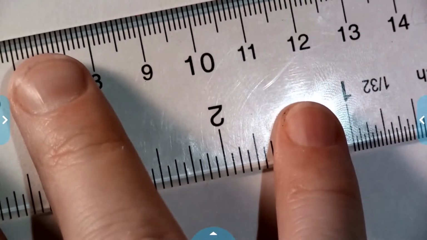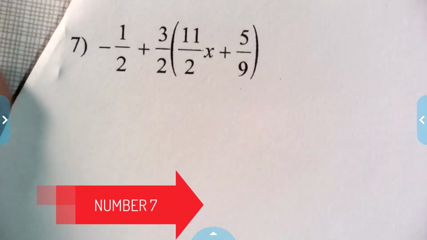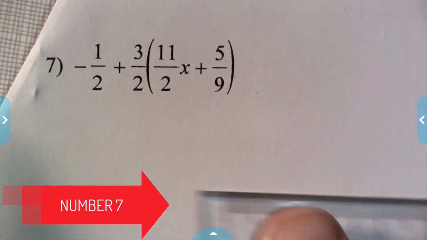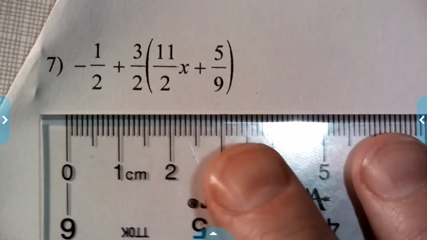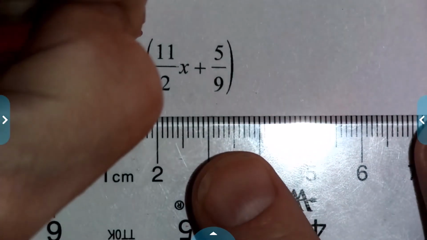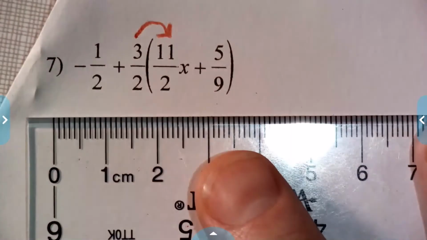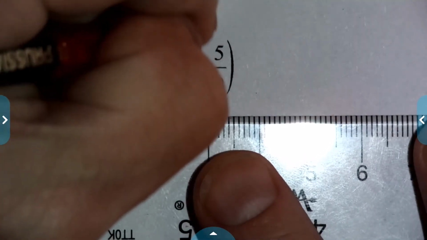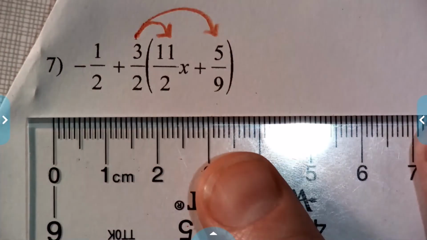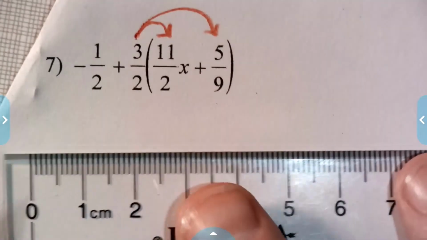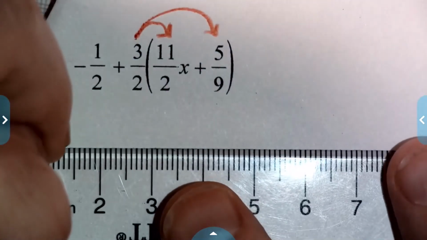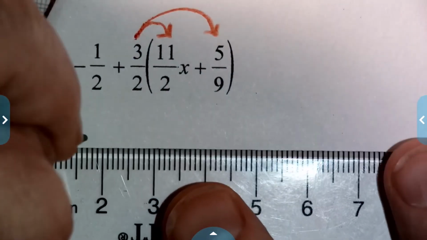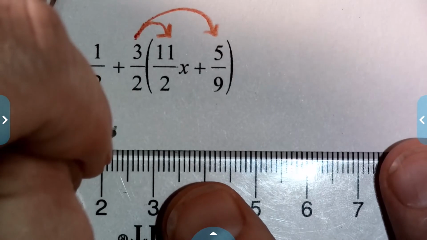And number 7 has very helpfully given us a bunch of fractions to work with. Yay. But nothing changed. So we're just going to multiply 3 halves by 11 halves x and 3 halves by 5 ninths. Okay? That negative 1/2 is going to come along for the ride. So we'll start out by writing negative 1/2.